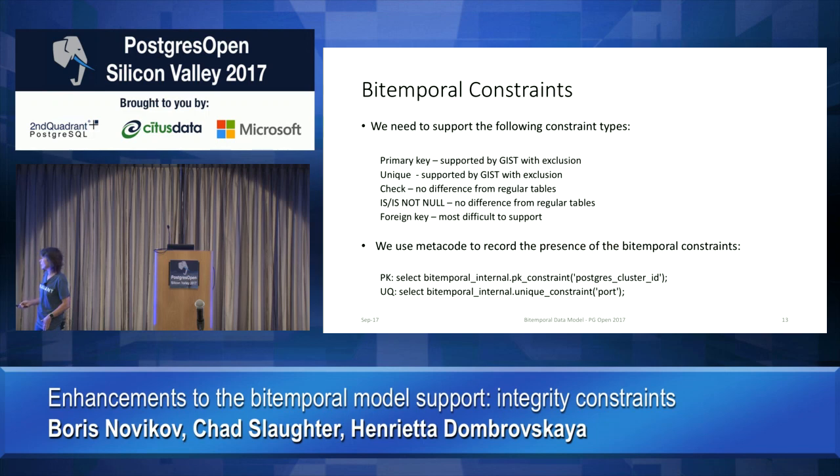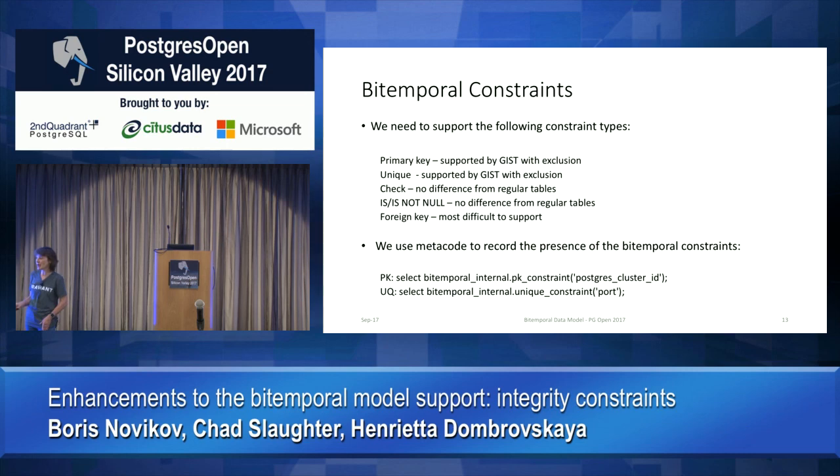Other thing, we have some meta code to support, not to support actually constraints, because constraints should be in the PG constraints table, and we are not part of Postgres core, not even the contrib module so far, so we cannot introduce our new constraint types.